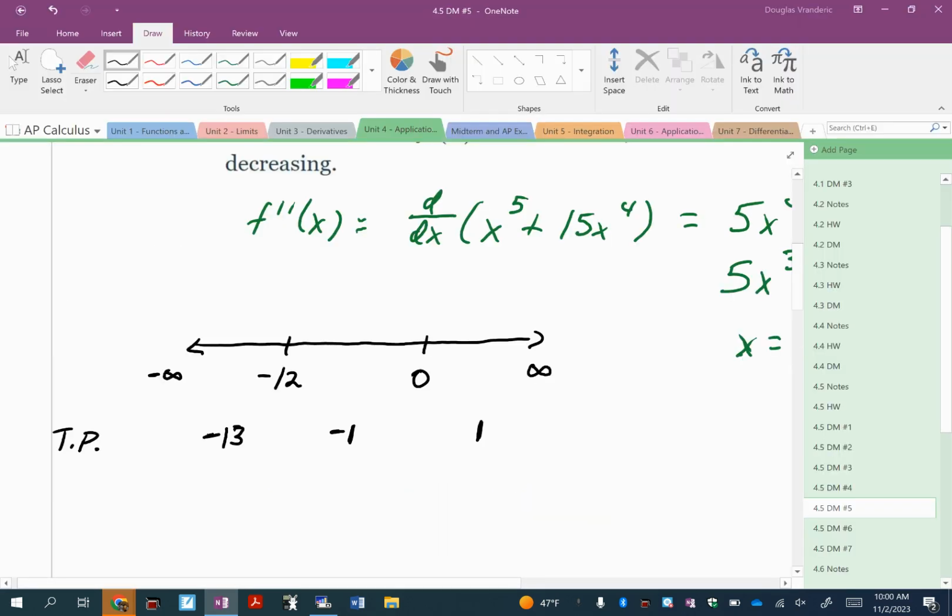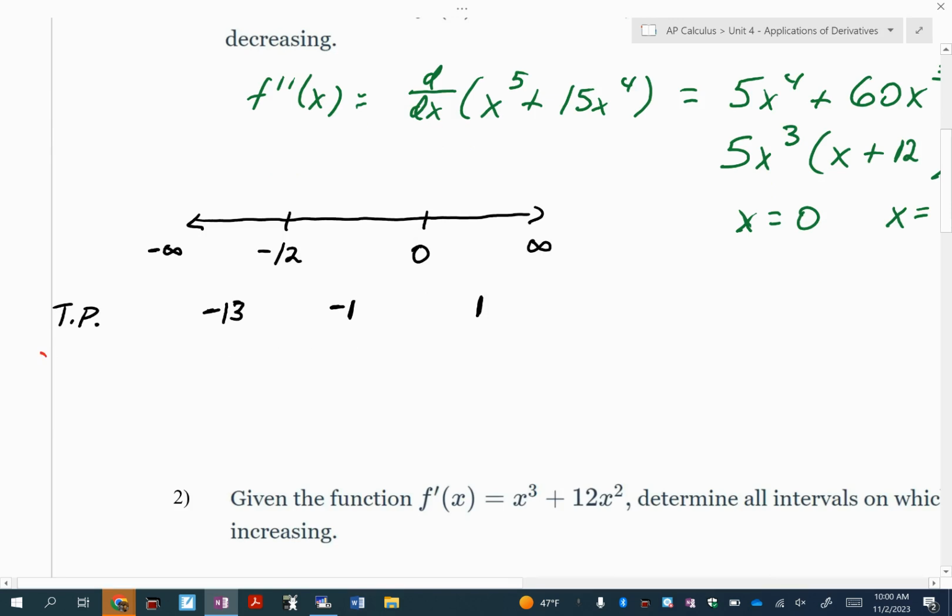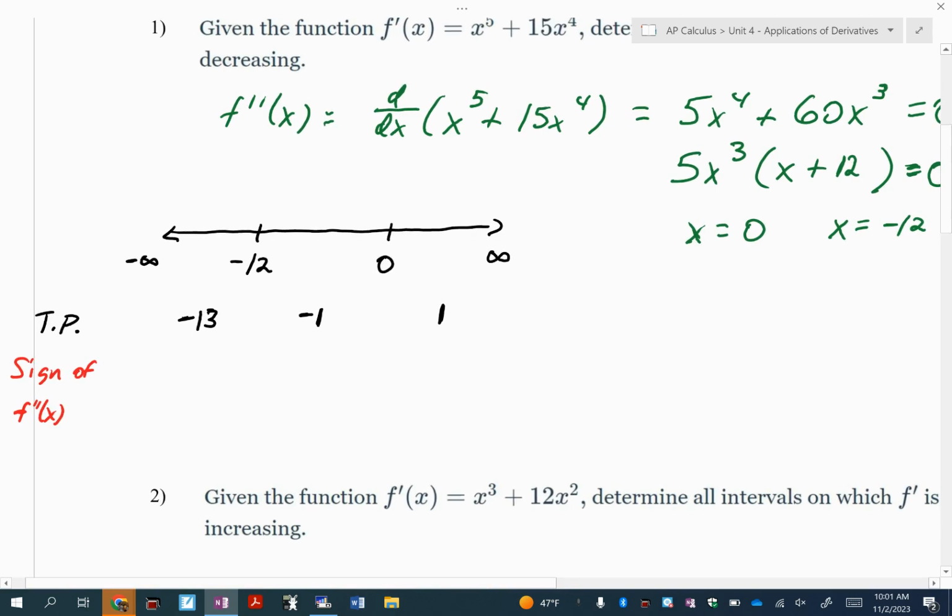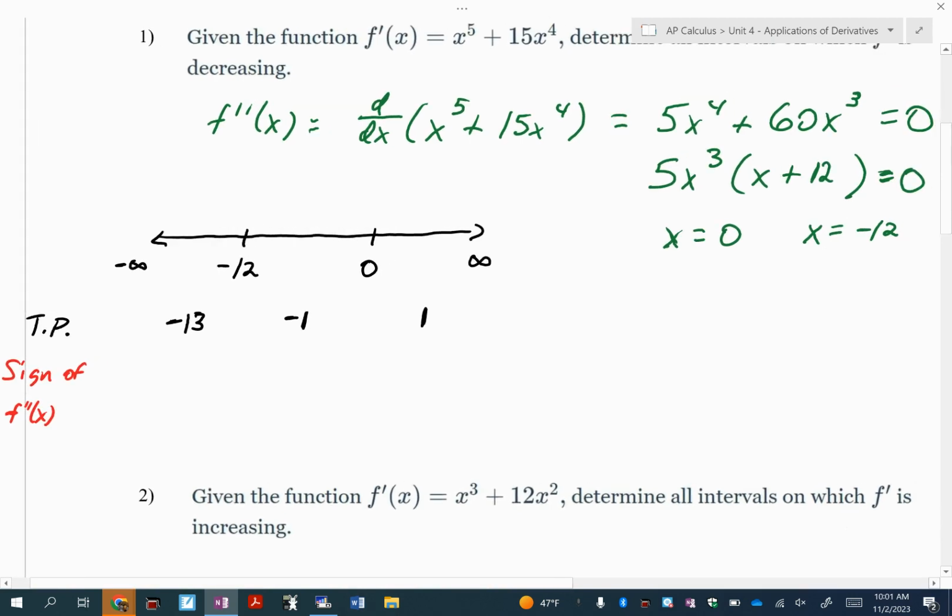Then the thing I care about is the sign of, and this is not the first derivative anymore, this is the derivative of the first derivative. So I'm going to write the sign of the second derivative. Everybody ready? Okay, here we go. I'm going to do negative 13 first.